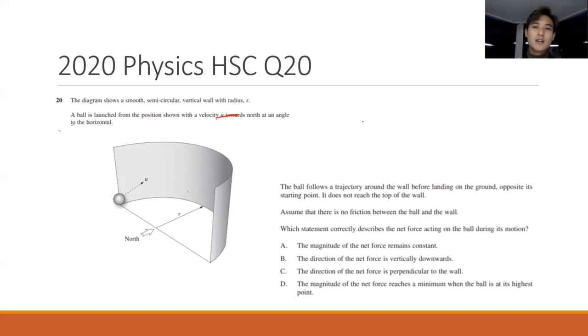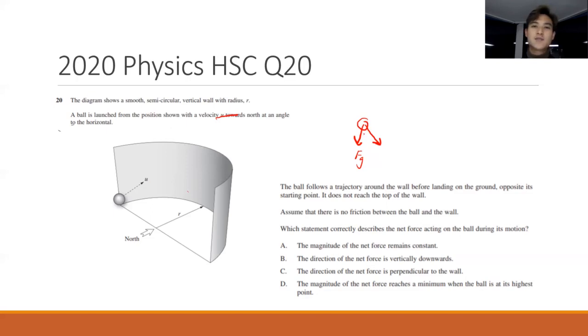So again, breaking things down to our object of interest, it is definitely this ball. We have two types of forces acting on the ball. First, we have gravitational force acting vertically down the page. Second, we have a contact force that is acting always perpendicular to the surface of the wall.